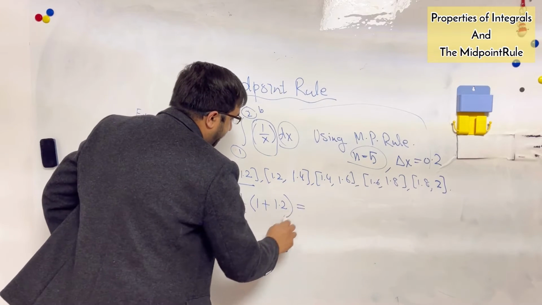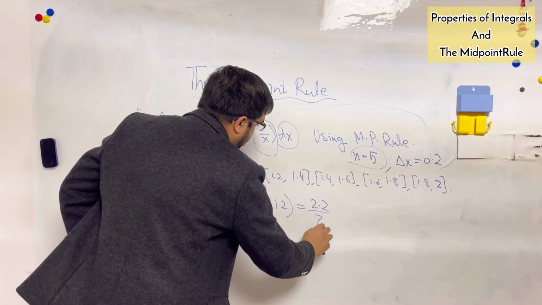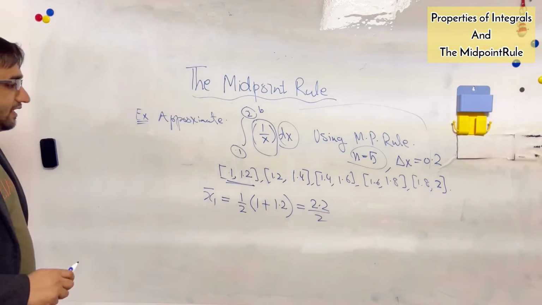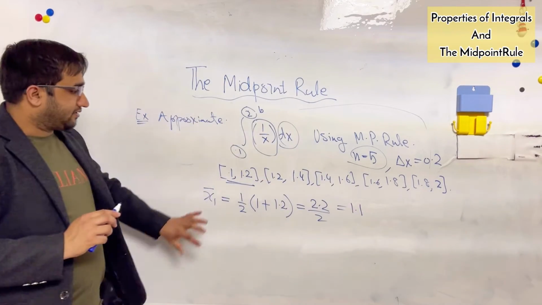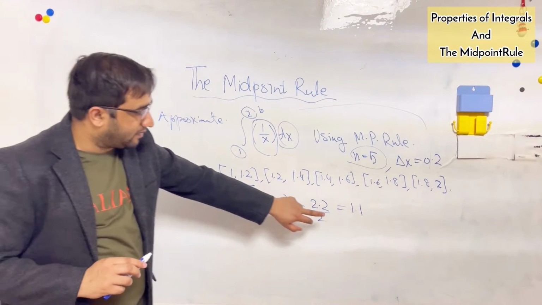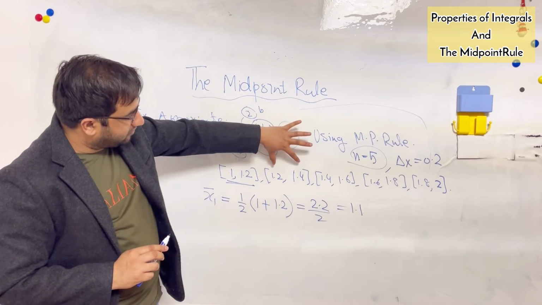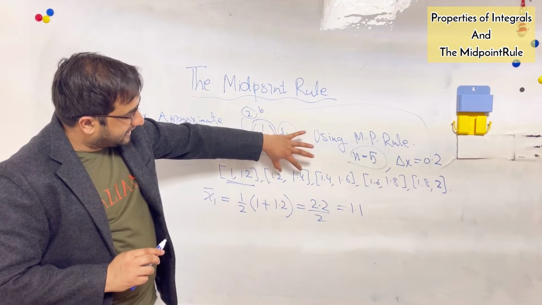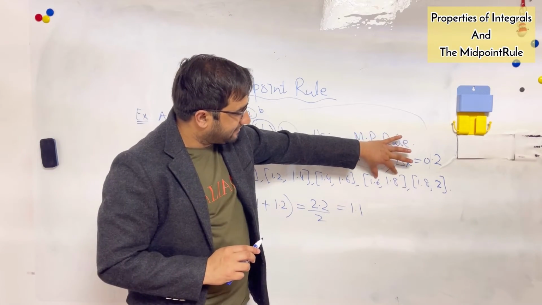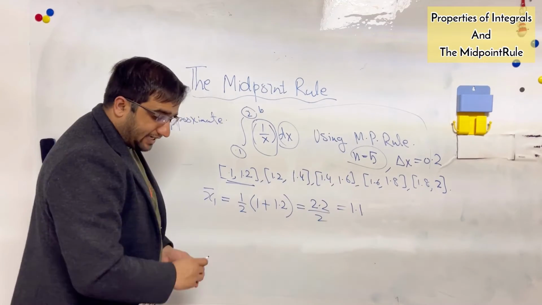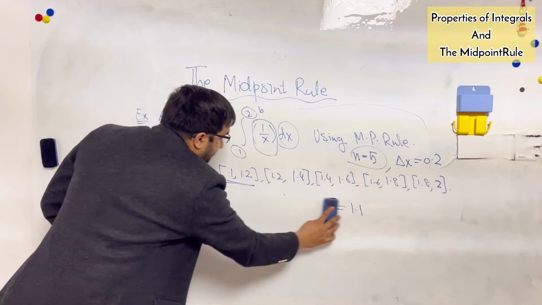That is 2.2 divided by 2. So it will be 1.1. So the midpoint of these two is 1.1. Similarly, if you calculate the midpoint of these two, that will be 1.3, 1.5, 1.7, 1.9. So I have got all the midpoints.